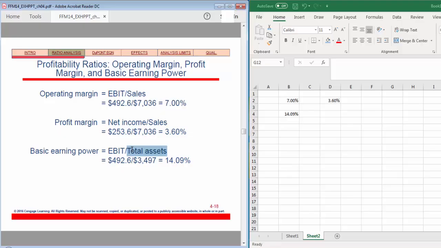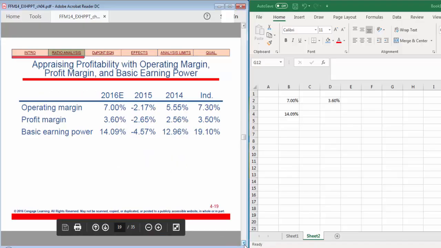As soon as those two numbers come down, your basic earning power will go better, and this will be better than the industry average. So this is how you need to start understanding these numbers and explanation.